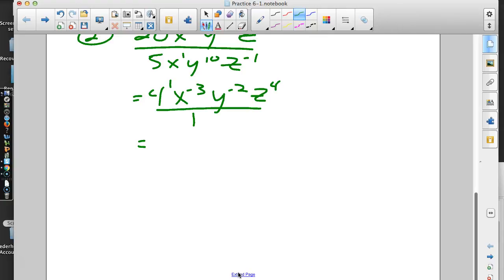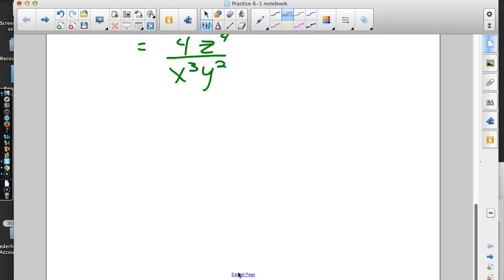It's just the x and the y that have to go down below to become positive. So 4z to the 4th over x to the 3rd, y squared. And now there are no more x's, y's, or z's we can put together, so that one is done.